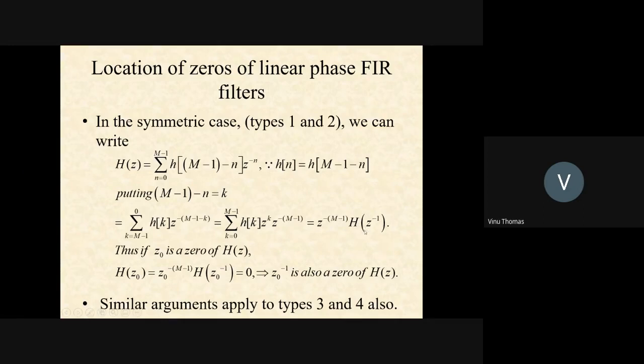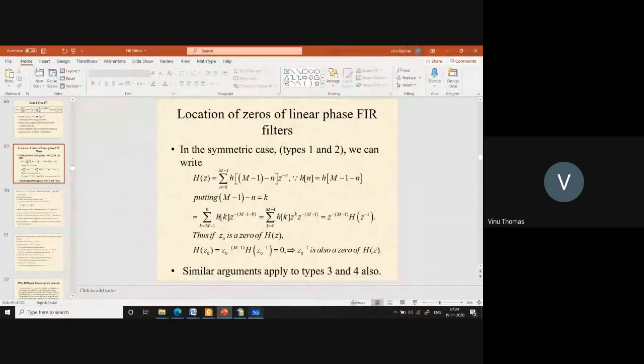So this is the same polynomial H(z), except that z is now replaced by z raised to minus 1. For example, if you had 1 plus 2 z raised to minus 1, now H(z raised to minus 1) would be just 1 plus 2z. Okay, so let us go to the whiteboard and try to explain the rest.